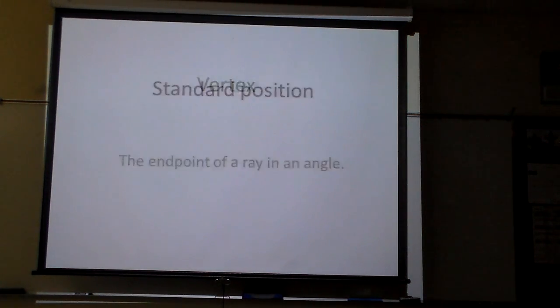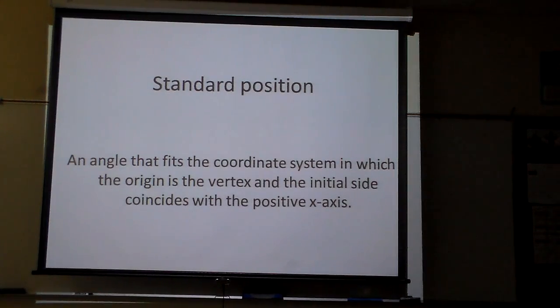All right? So now we're going to talk about standard position. You're going to come across this a lot. It's an angle that we put on the coordinate system, meaning the XY plane, in which the origin, or the center, is the vertex or end point, and the initial side coincides with the positive x-axis.